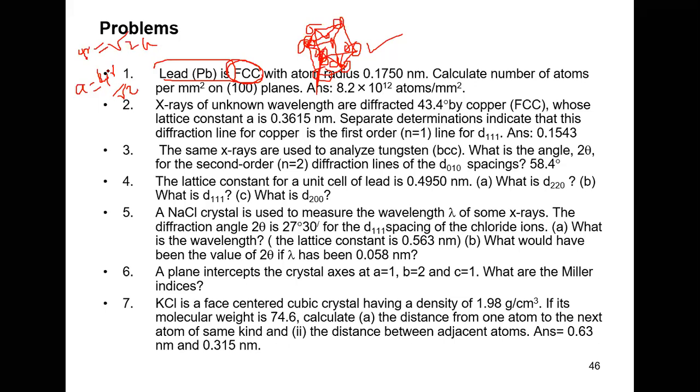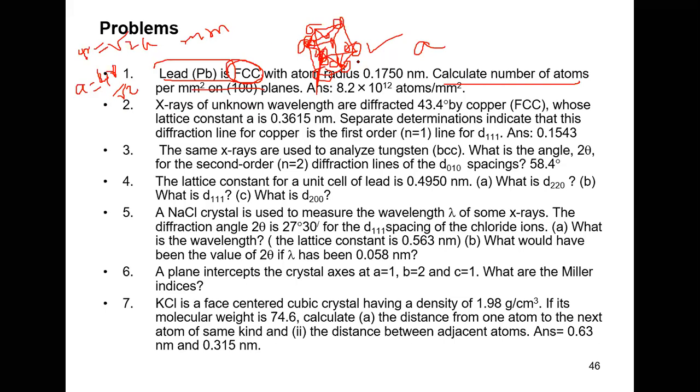So from this relationship, you can easily calculate A. Now your task is to calculate the number of atoms per square millimeter, so you can express A in millimeter by multiplying it by a suitable number. Okay, so you get A in millimeter.